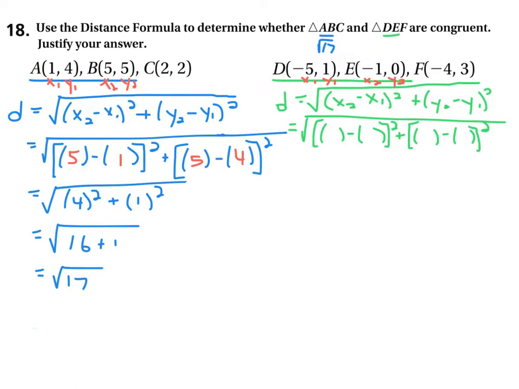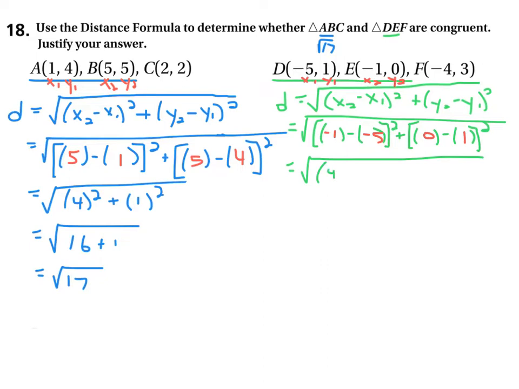Then when we fill them in, x2 is -1, x1 is -5, y2 is 0, and y1 is 1. That becomes the square root of, -1 minus -5 is the same as -1 plus 5, which is 4.